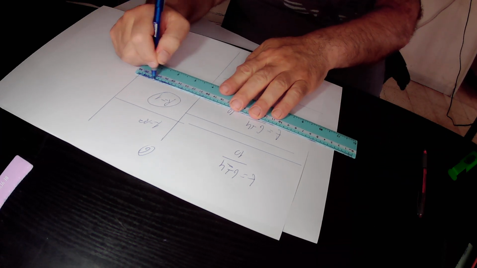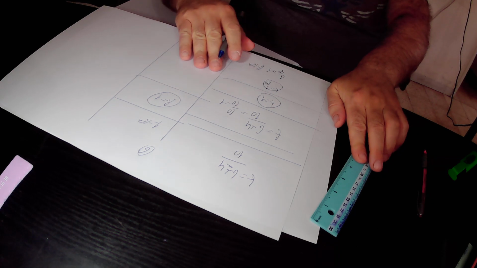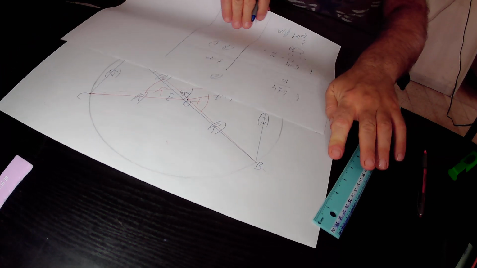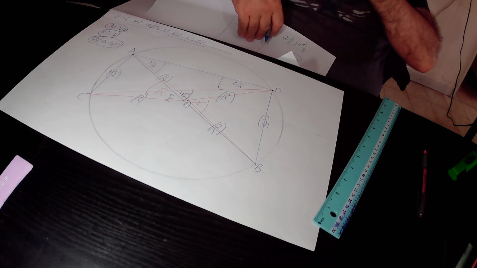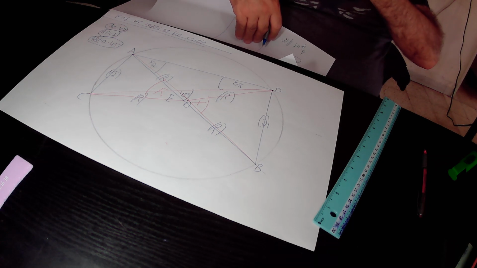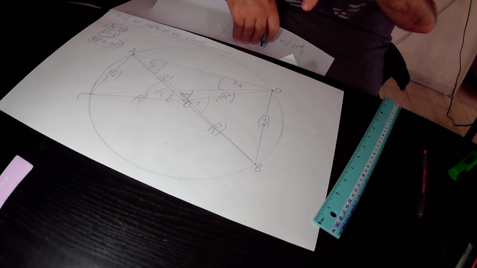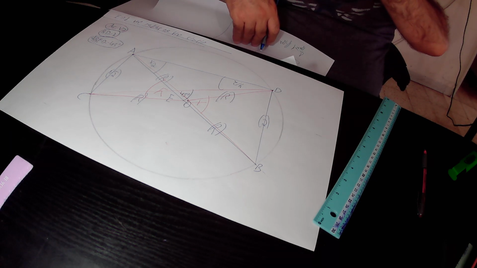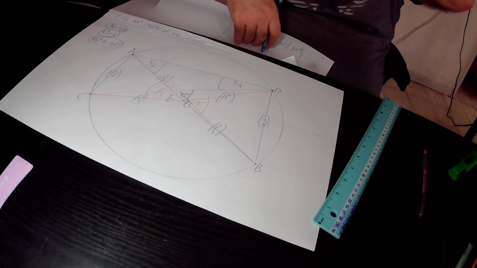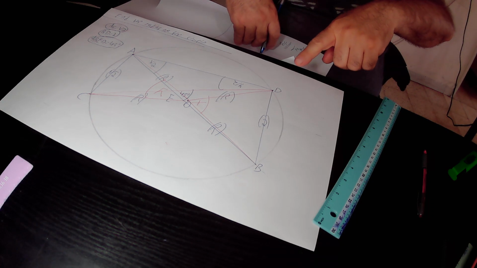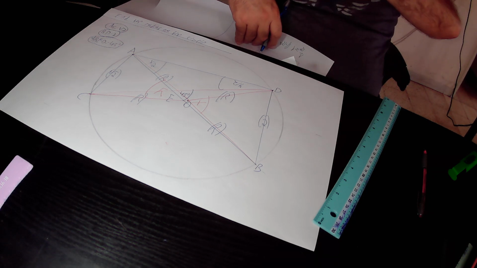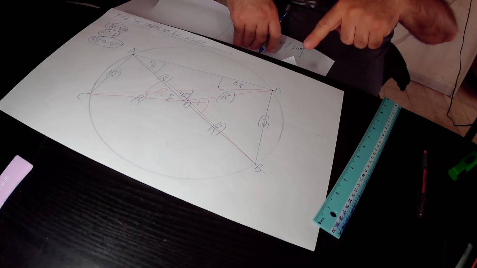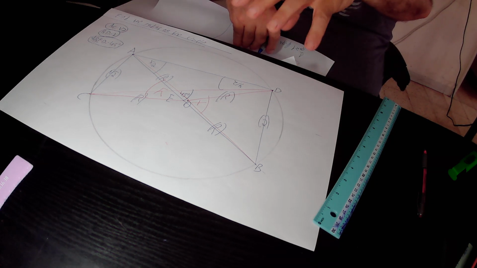So according to the first solution for t, the radius of this circle, the radius r equals to 1. But it is actually impossible that the radius of this circle r is equals to 1. Why? Because we know that this chord dB is equals to 2, and chord dB is definitely not the diameter of the circle.